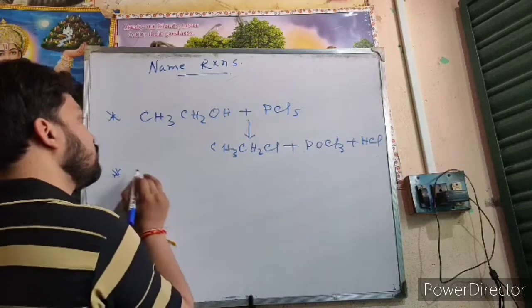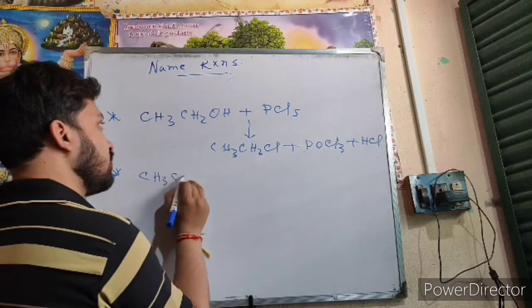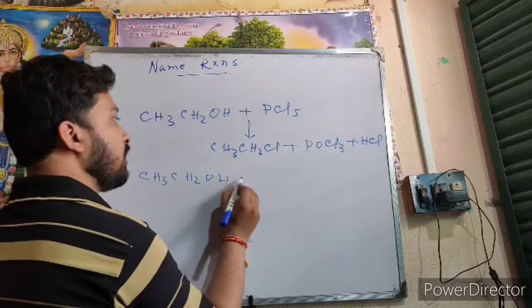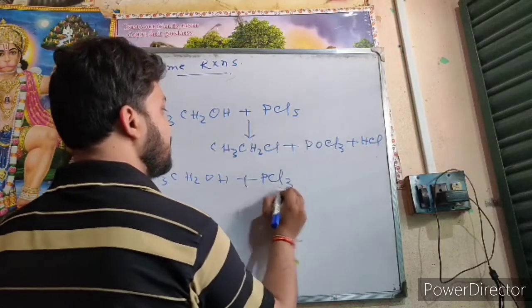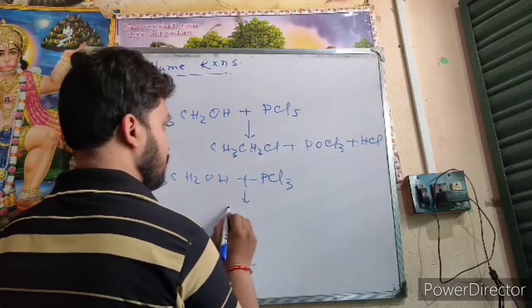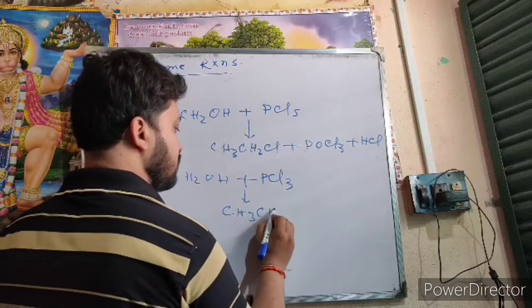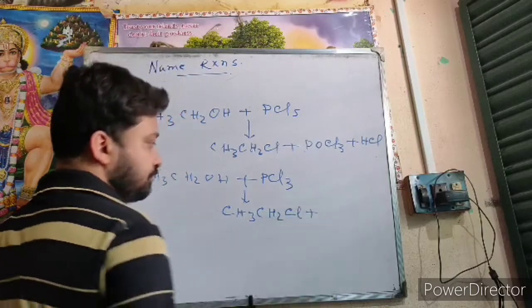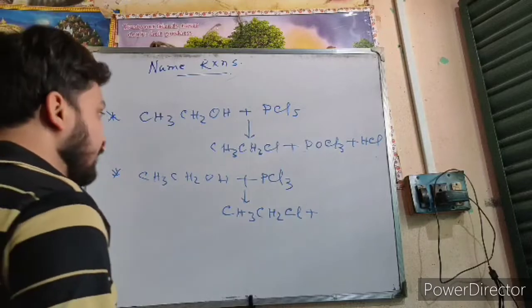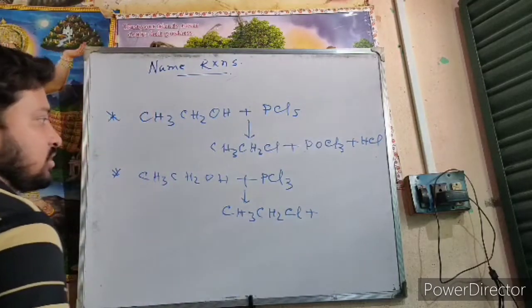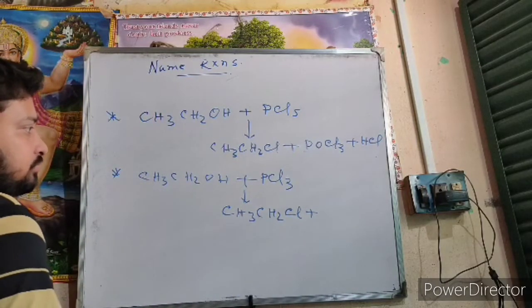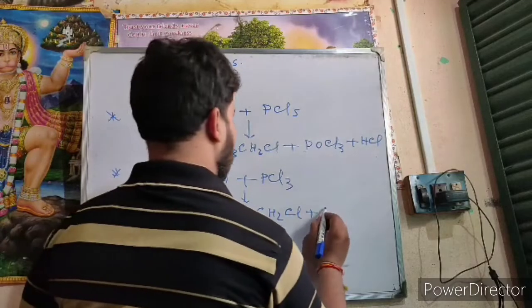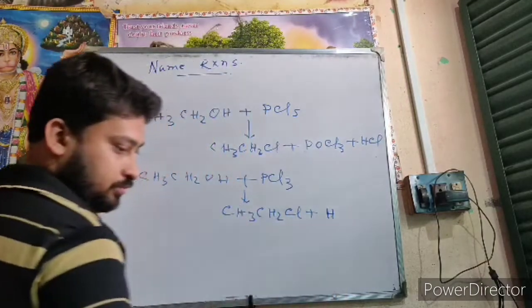But if you react CH3CH2OH with PCl3, you get CH3CH2Cl and H3PO3.